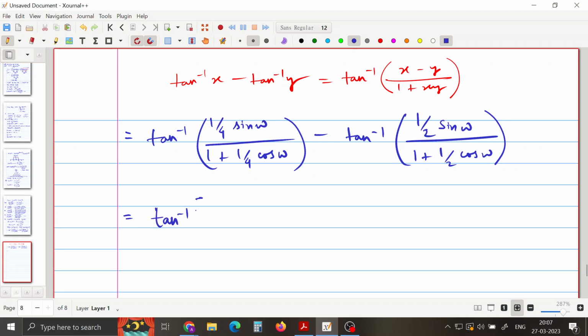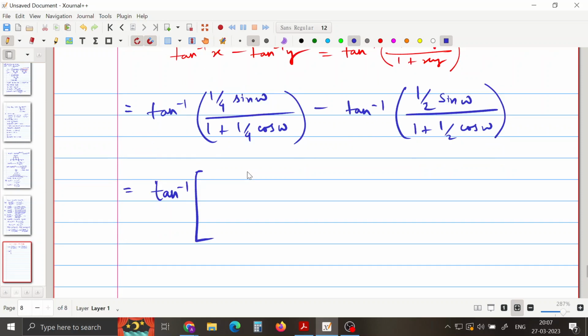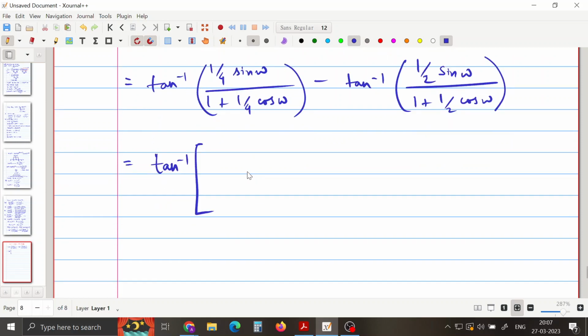If you do this, I'm writing a simplified answer. What you get is this. So this is the phase of the first term.